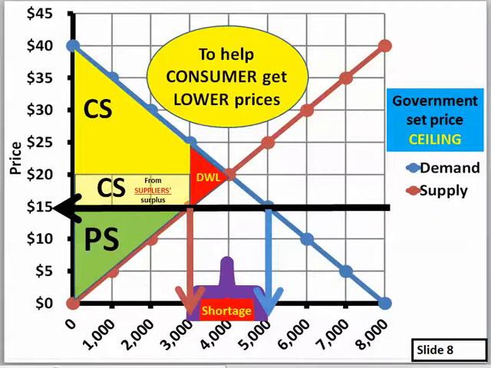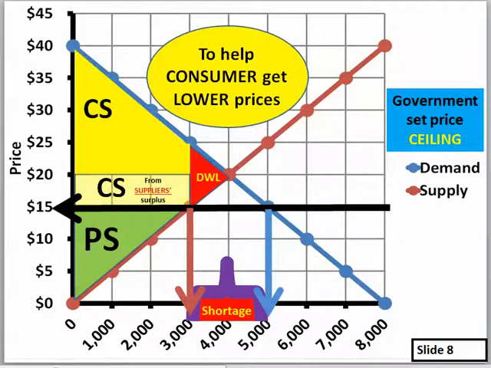But now we see a very light yellow rectangle below that is the additional consumer surplus, because now the consumers don't have to pay the equilibrium price, but instead they only have to pay the price ceiling. And where that extra consumer surplus came from is what would have originally been the producer surplus in a perfectly competitive market.